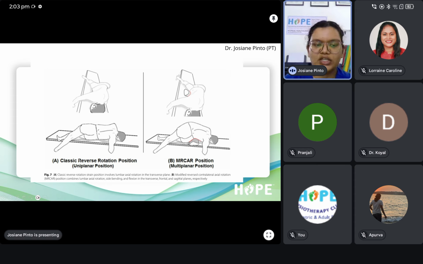So what is the difference between your classic reverse rotation position and your MRCAR? So it is multiplanar. They add this wedge in between, which gives you flexion, basically involving the sagittal plane, whereas here you only had the transverse plane, and here all of the planes are involved.